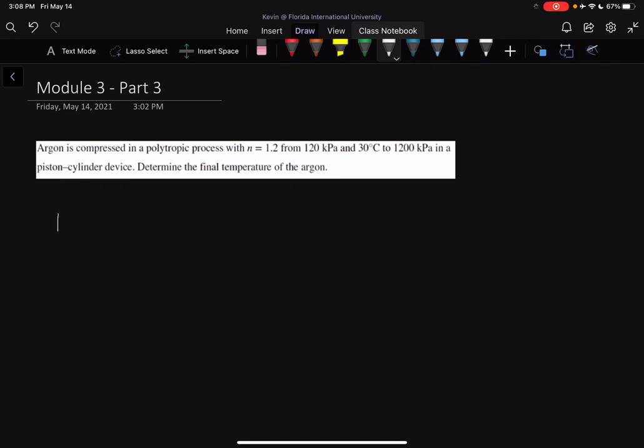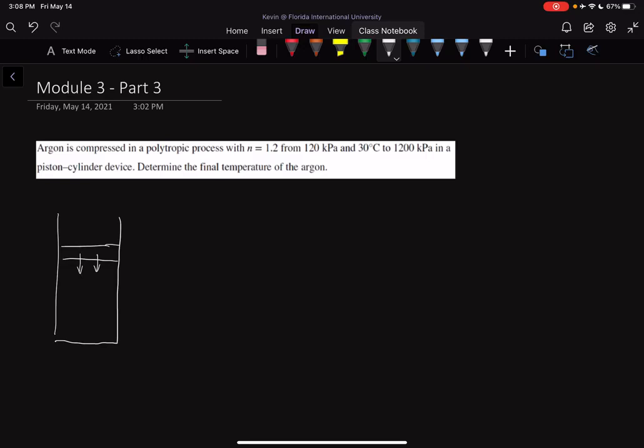So we know we have a piston cylinder device, and we know that a compression is occurring. So we have some sort of compression where the piston cylinder is moving down. And we're asked to determine the final temperature of argon. So very simple question. We don't have to find the work. We're just trying to determine the final temperature of argon.